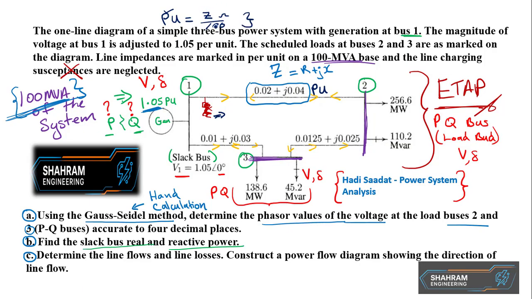So if we make the real value the subject, that means z in ohms will be equal to pu times 100. In this case we have 100 times 0.02 plus j 0.04. If I multiply this and this, that will give me 2 plus j 4. That's what it's going to be.